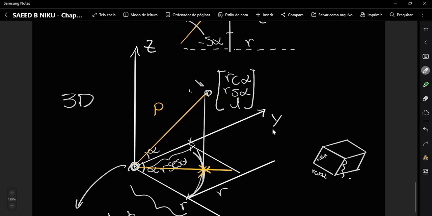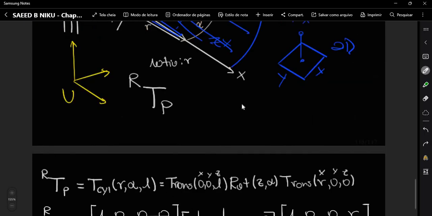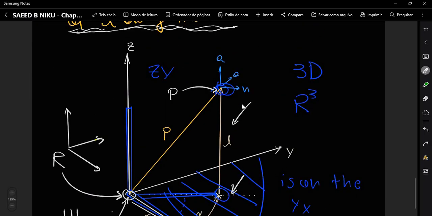So this point is the frame NOA, as I already have drawn right here.